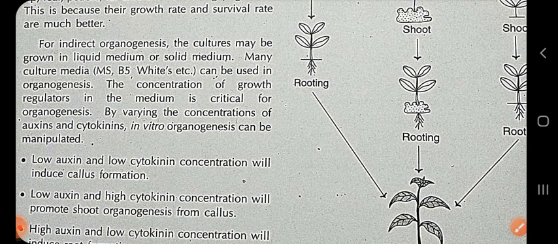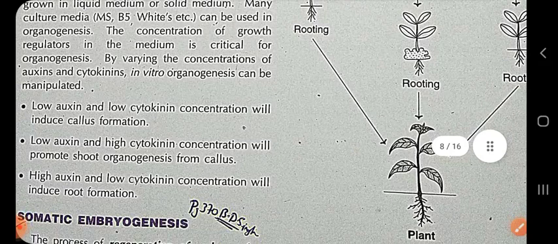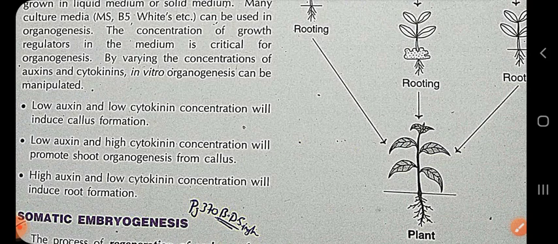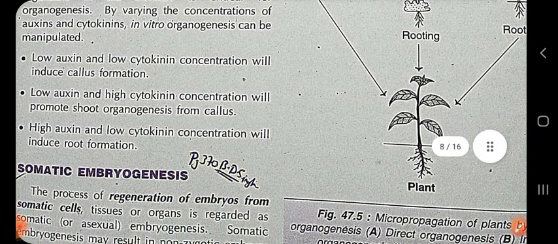If I vary the concentration of the growth regulators, in vitro organogenesis can be regulated and manipulated. As I mentioned in the first class about phytohormone concentration: low auxin and low cytokinin leads to callus formation, low auxin and high cytokinin leads to shoot organogenesis from the callus, and high auxin and low cytokinin induces root formation.